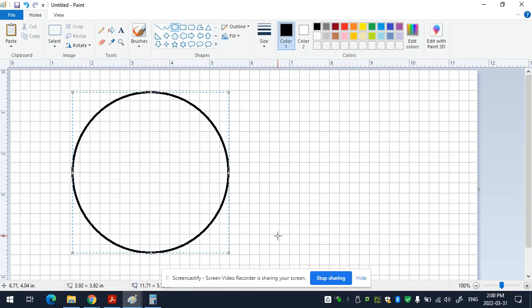The best thing about Microsoft Paint is whenever it sketches a circle, it tells me the perfect point in the middle, which lines up with the grid lines. If I line them up perfectly on the grid lines, I'll know that the intersection of the grid lines is perfectly the center of the circle.